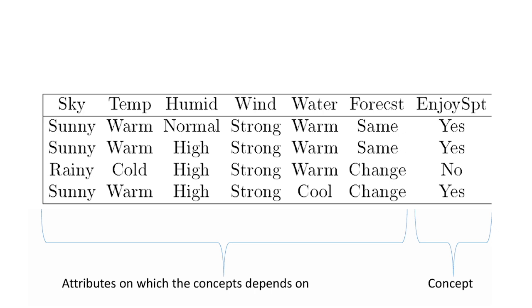That's why the concept depends on those independent values. That is what is called the dependent variable. So these are the six attributes which give the output, that is the concept.